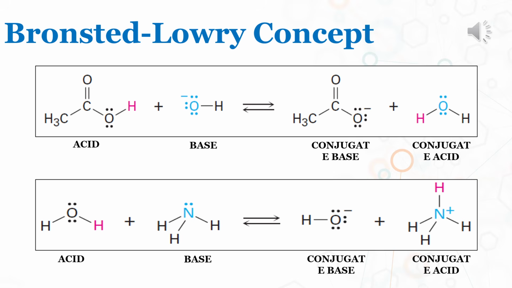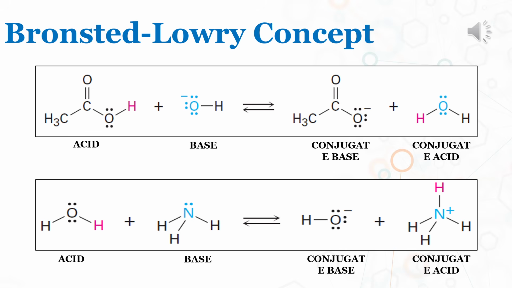Once these two undergo a reaction, you will have a final product of acetate ion for the conjugate base, or in chemical formula CH3COO negative. And for the conjugate acid, you'll have hydronium, or H3O positive.